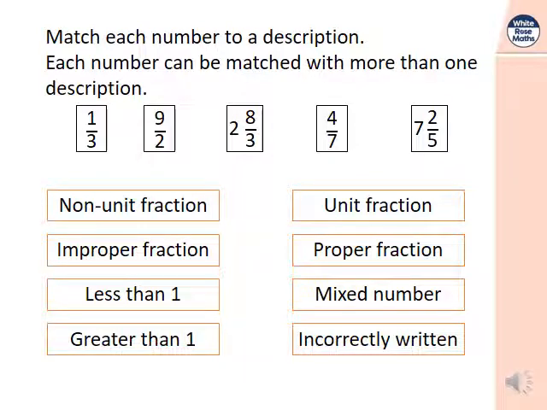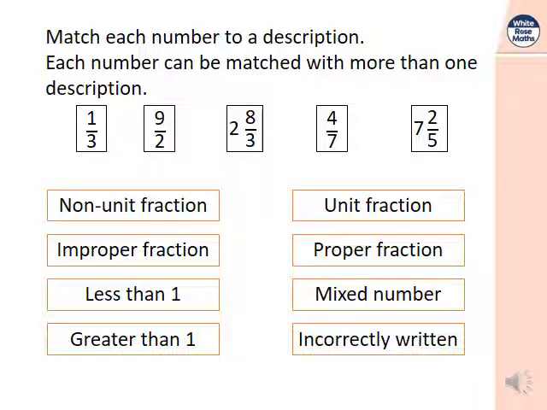Let's have a look and see. So let's see, we've got to begin with 1/3, and that is a unit fraction. And if you remember, a unit fraction means that the numerator is 1. It's also a proper fraction because the denominator is larger than the numerator, and it is a fraction less than 1.